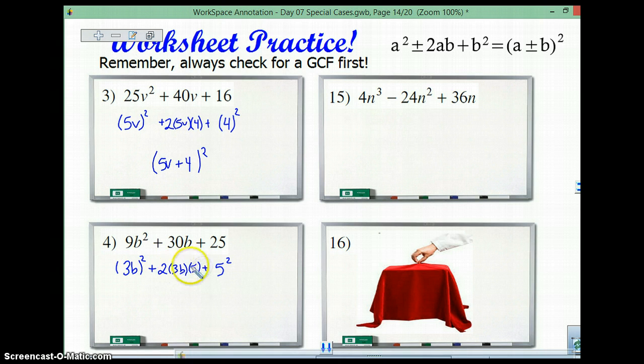Or I like to say a times b times 2. Well, let's try it. A times b is 15b times 2 is 30b. Yeah, it is a perfect square trinomial. So if that's the case, we use the formula. All we need is a plus b squared.